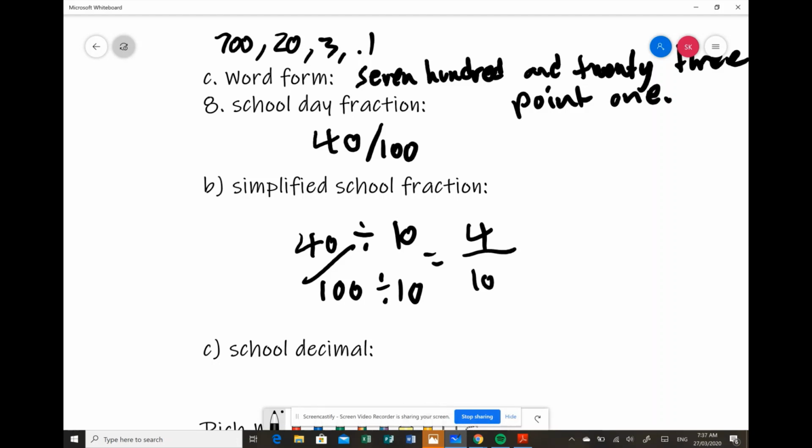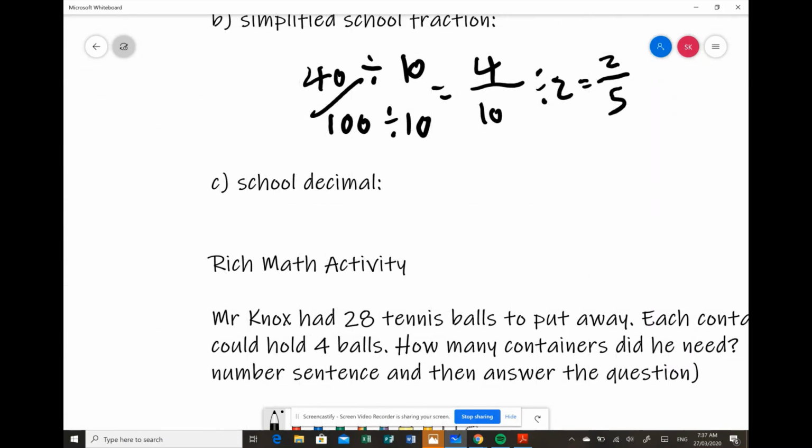We could have divided it by 20 before, but we can fix it by dividing it by 2 now, which would make 2 over 5. That is our simplest fraction for that. School day decimal will be 0.4.